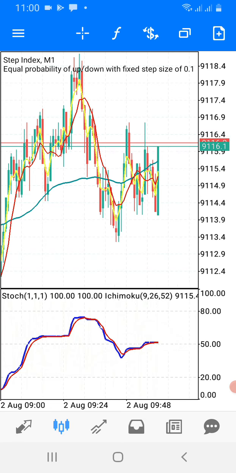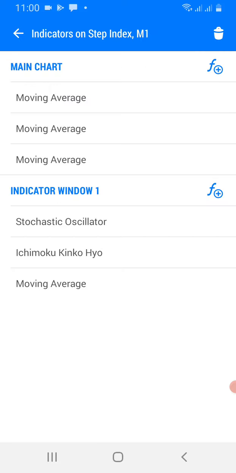Okay, guys, this is how to set the indicators for this strategy. We just have 6 indicators for this strategy: 3 moving averages, the stochastic oscillator, the Ichimoku, and another moving average, which makes it 4 moving averages.